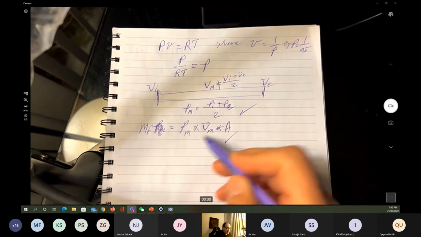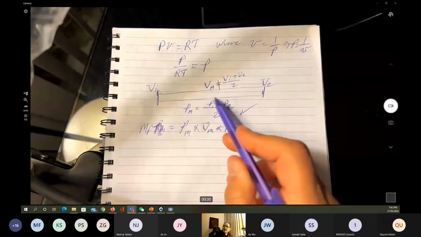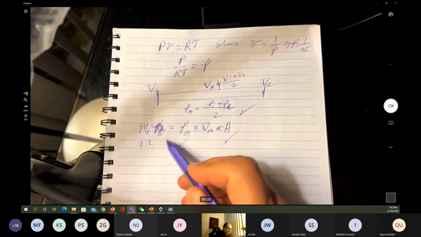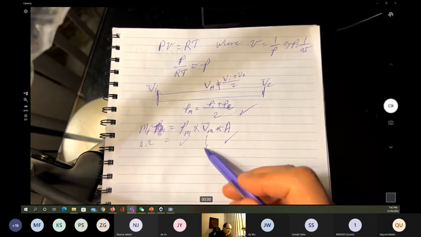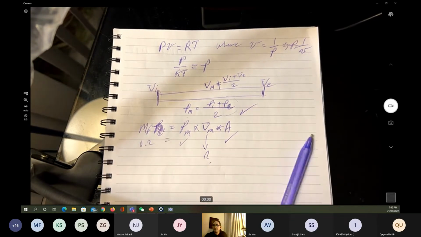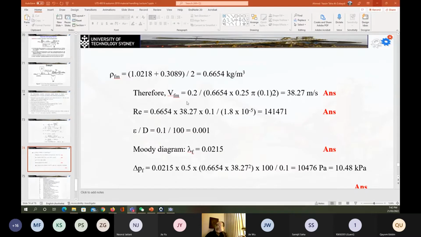Now we know the area. We calculated the average density, and the mass flow is constant at 0.2. Then I can find this value. So just remember when you do the design for a pneumatic system, the velocities are not going to be added as an average, but the densities can be added as an average.